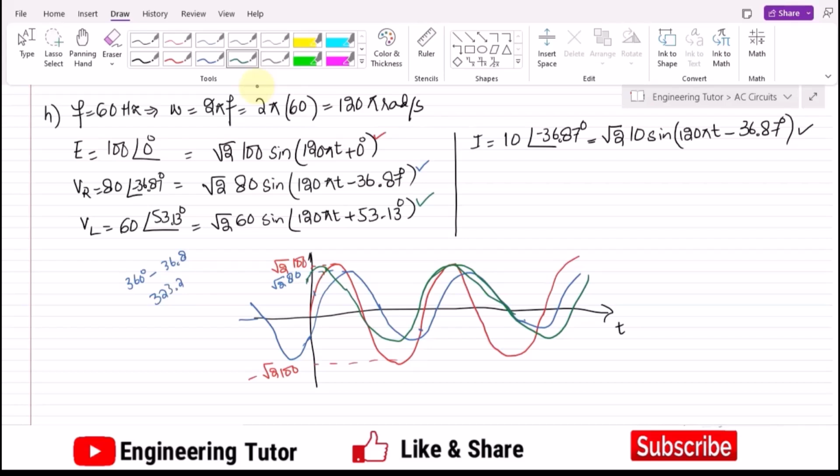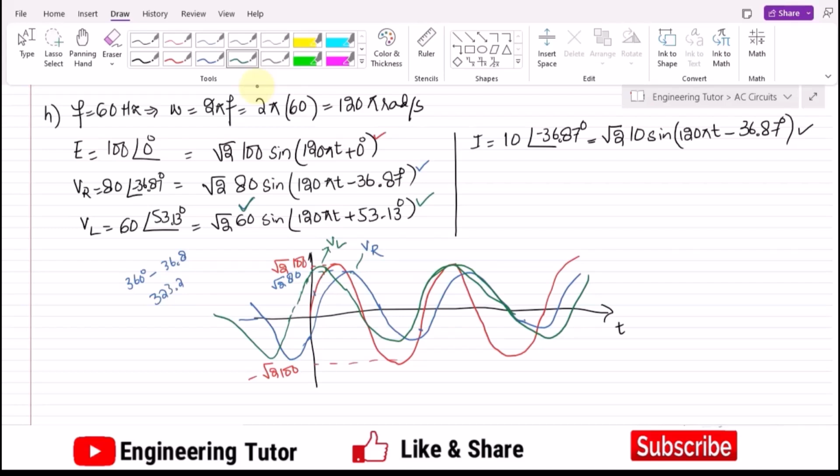You may grasp how it would look like, such that these two will be 90 degrees apart from each other. So this is V of L, this is V of R. Okay, so these are the voltages, and the amplitude it has is basically this one, with this green. Okay, so that is the amplitude.